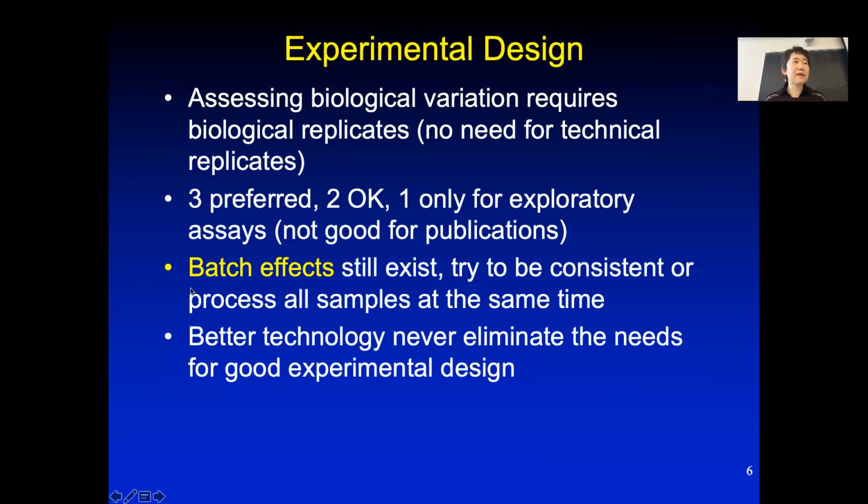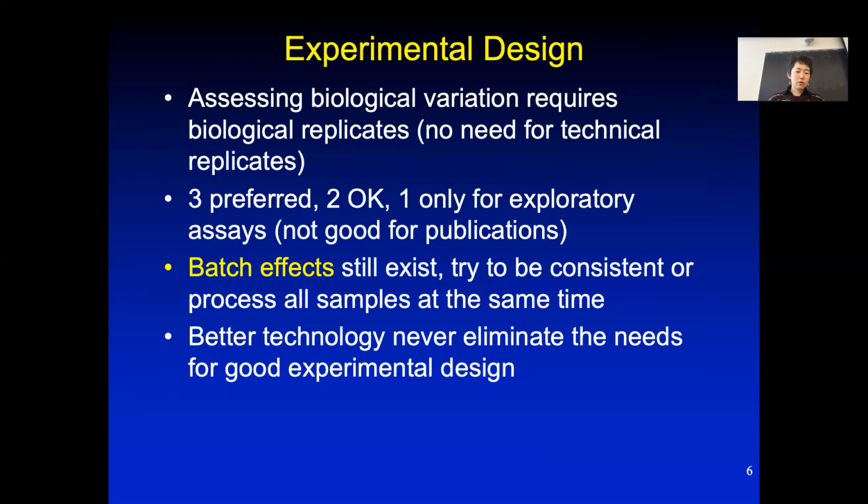Batch effect still definitely exists. As we mentioned, you can think of batch effect just like a biological treatment. Maybe a technician is sloppy or something, and their hands could influence the experimental condition in some way, right? So batch effect definitely still exists. So in terms of experimental design, try to be consistent and process all the samples together in as few batches as possible.